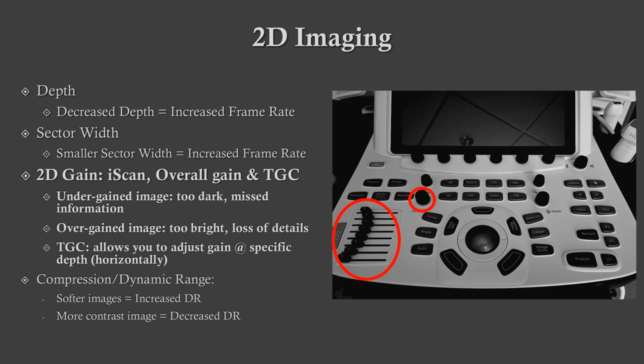With just one push, you will adjust the gain. If the gain is too bright, it's usually in this area. This here is the overall gain, and this is the TGC set of knobs. TGC actually allows you to adjust gain at specific depth horizontally.